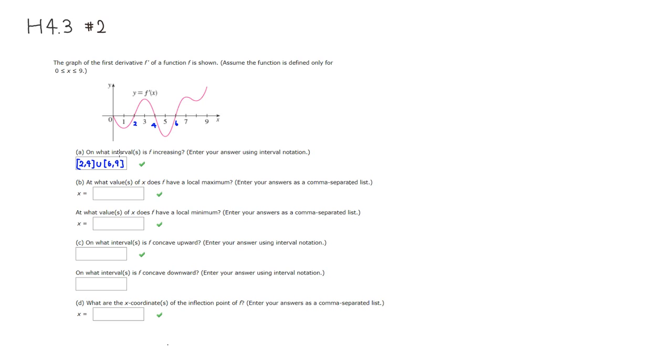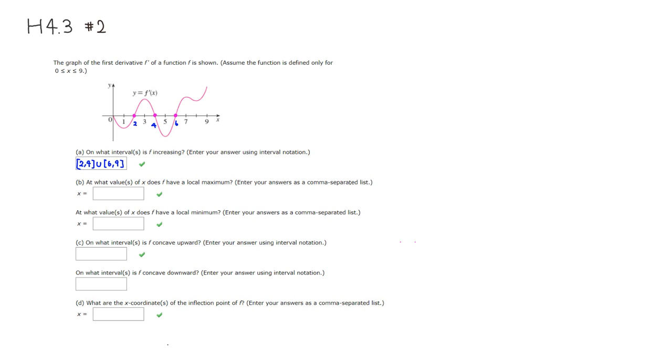And part B: at what values of x does f have a local maximum? We look for the critical numbers. The critical numbers are here; the derivative becomes 0 there, there, and there. In order to have a local maximum, the derivative has to change from positive to negative, because you have to get a hill.